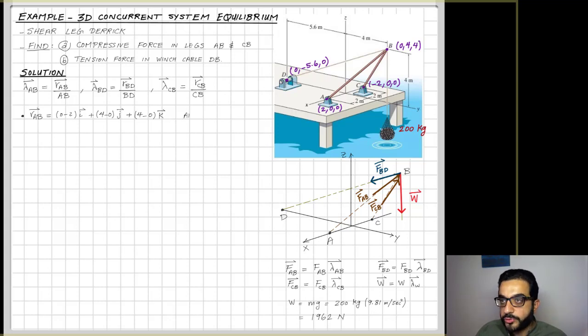If I take the square root of the sum of squares of these components, I will find out that the length here is 6 meters. And then the unit vector will be the position vector AB divided by the magnitude.